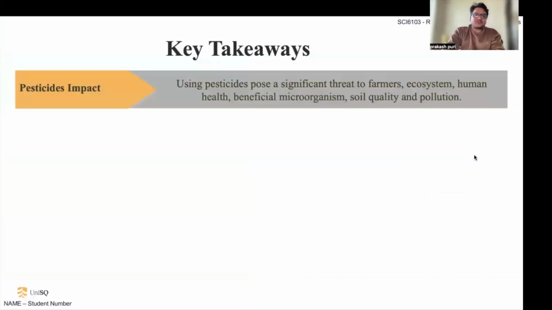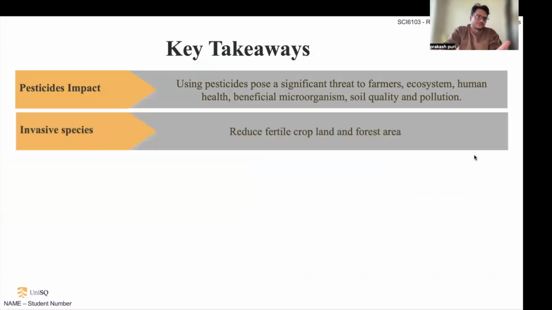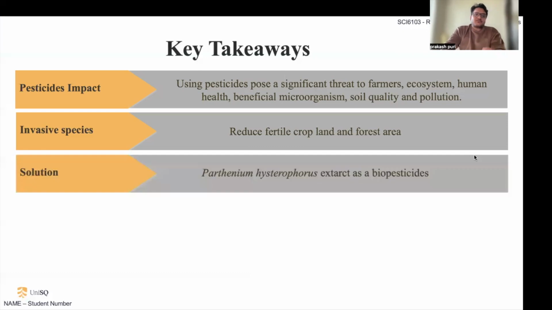The key takeaways: the pesticidal impact. Using pesticides poses a significant threat to the farmer, ecosystems, human health, beneficial microorganisms, soil quality, and the environment through pollution. Invasive species reduce fertile agricultural land, forest area, and biodiversity. The solution is Parthenium hysterophorus extract as a biopesticide.